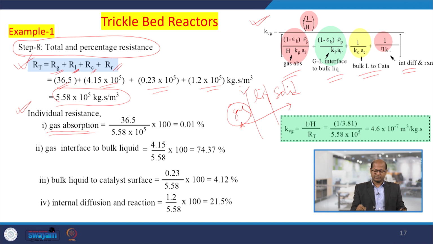Gas component A transferring from here to the catalyst pore. Here the resistance percentage is 36.5 divided by total multiplied by 100, which gives 0.01 percent.